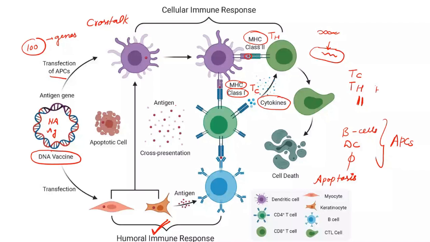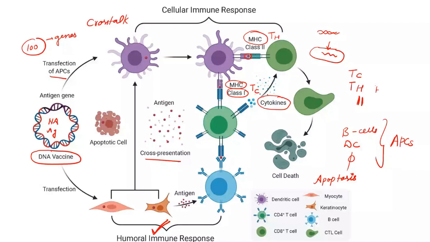You can say that these are processed, these are hydrolyzed, and they are presented to the T cells to make B cell produce antibodies. So this is how your overall cellular immune response works. Cellular means cell mediated. How many cells are involved? APCs are involved, and also apoptotic cells are involved.